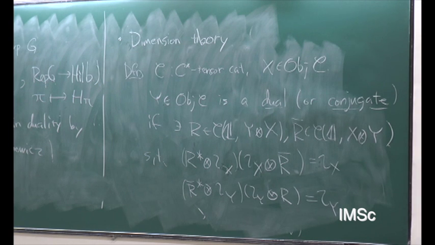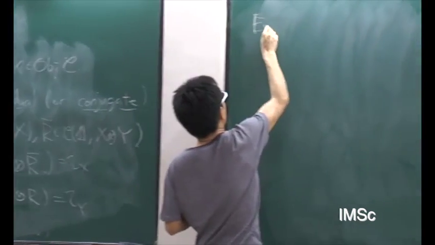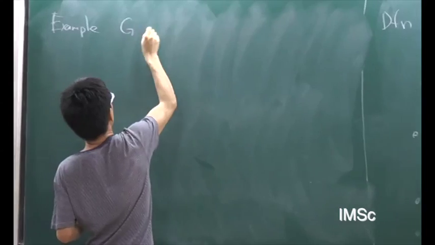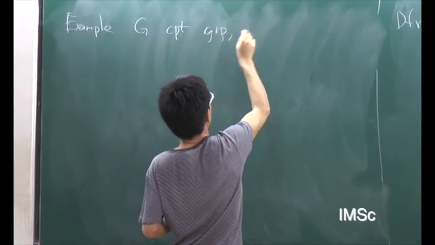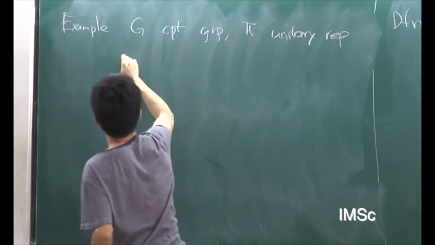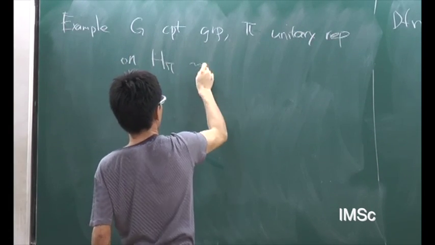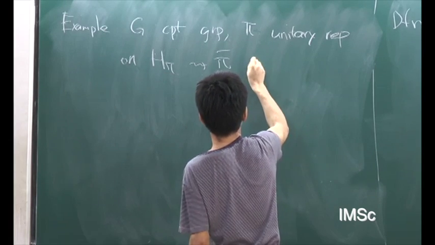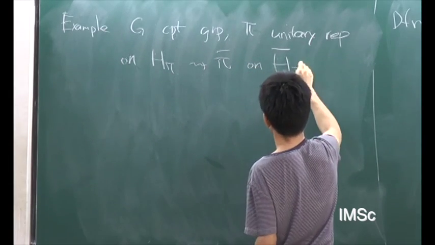For the case of compact group representations, the meaning of this is clear. If you have a unitary representation pi, then its contragredient representation pi bar acts on the conjugate Hilbert space, the complex conjugate linear space.